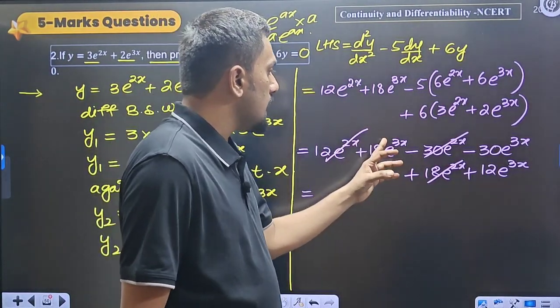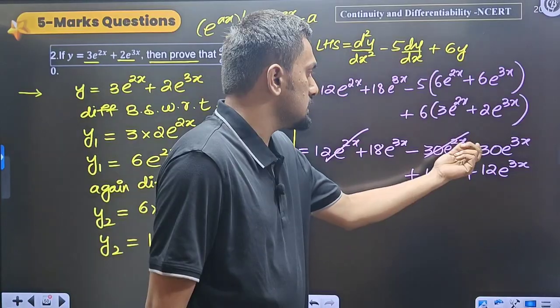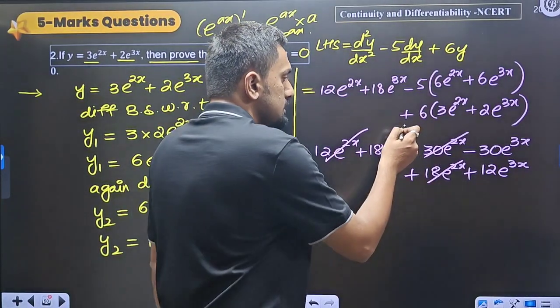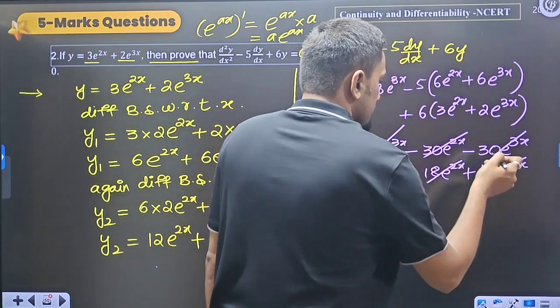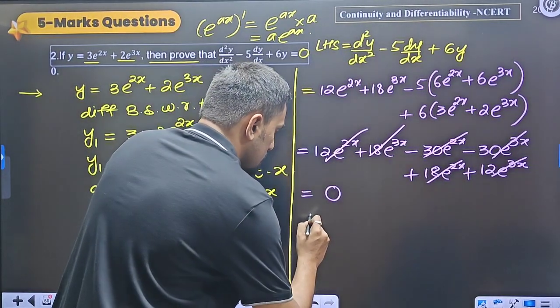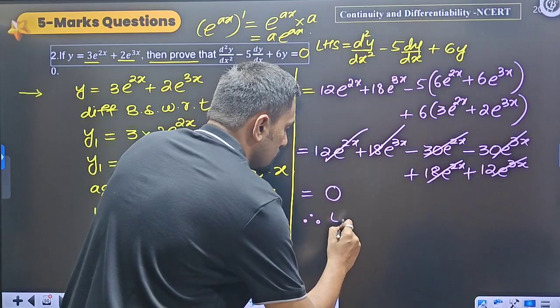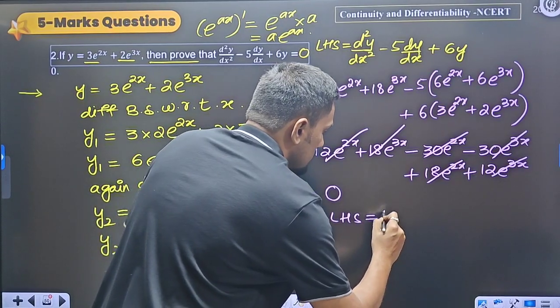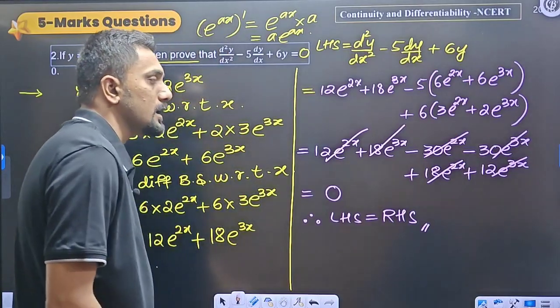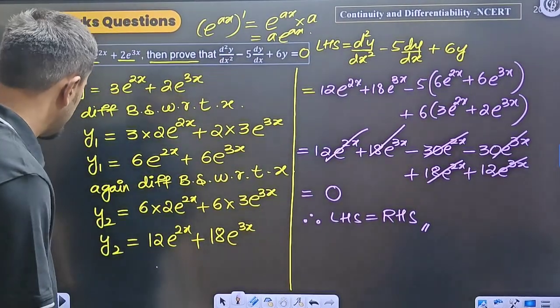That minus this, minus 30 e raised to the power 3x, gets cancelled. So the answer will be equals to 0. Thus we have proved LHS equals to RHS. If you write this much, then you will get 5 out of 5 marks.